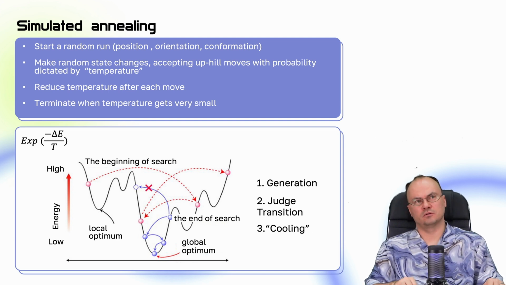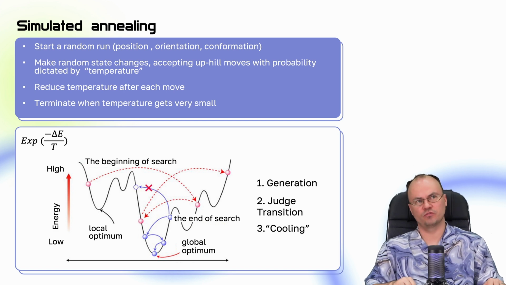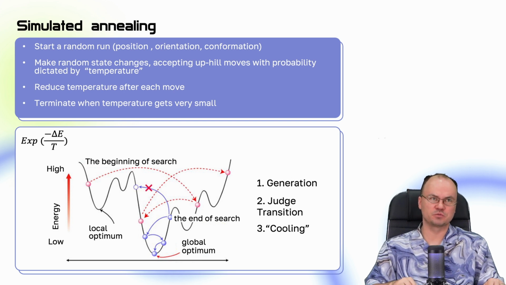It also uses a random run, where one could specify the positions, orientations, and conformations of different molecules, then make random state changes, accepting uphill moves with the probability dictated by the temperature. After that, one could reduce the temperature after each move. And finally, we could terminate this process when the temperature gets very small.